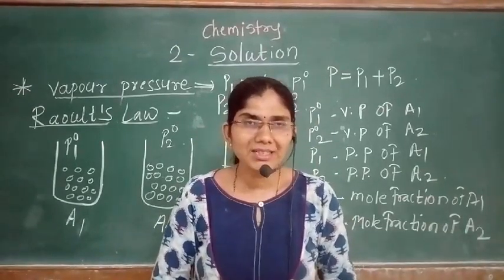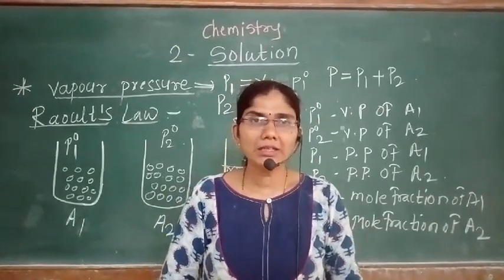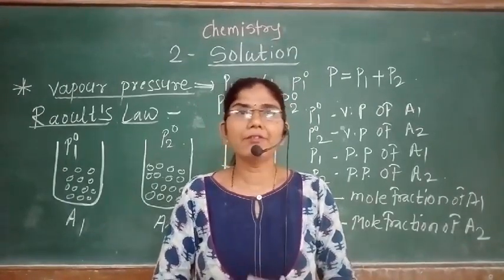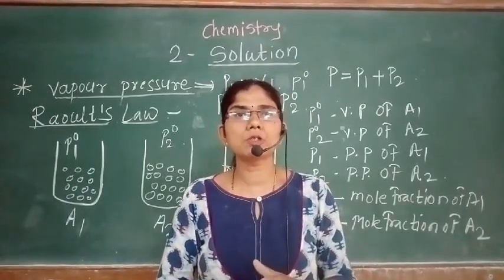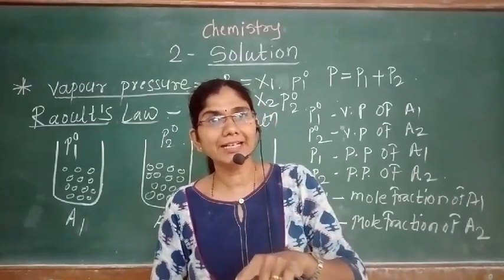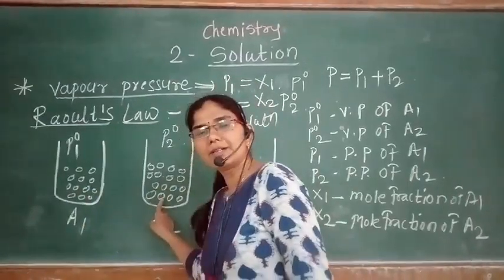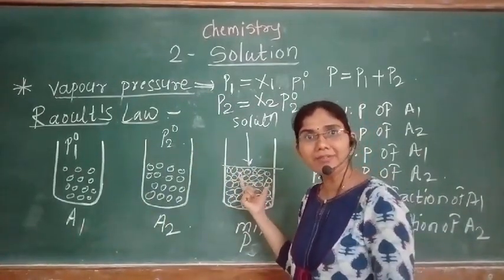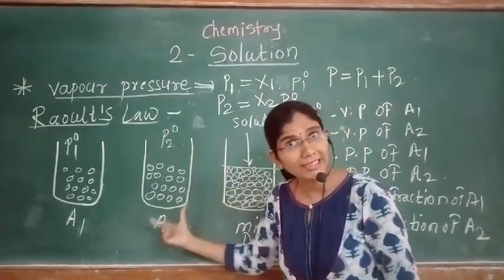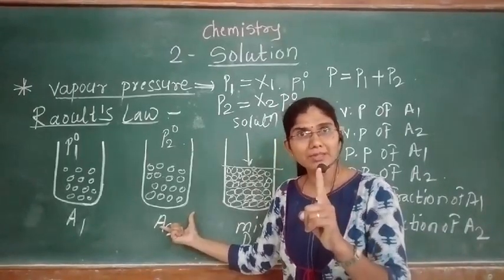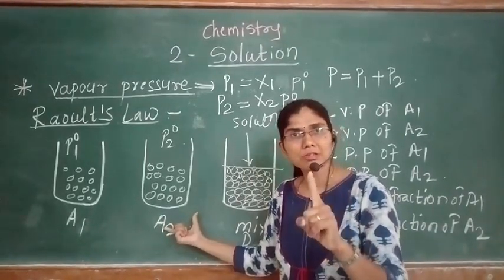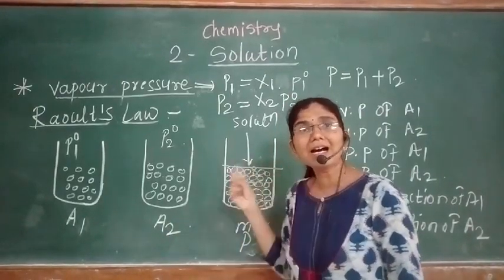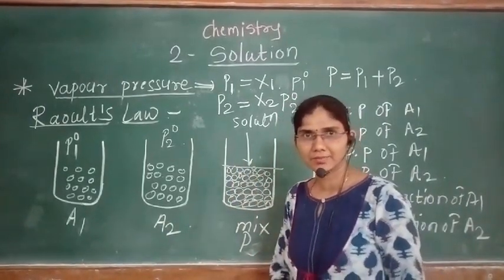So, dear student, in today's lecture we have learned what is meant by vapor pressure and the vapor pressure of solutions of liquid in liquid. That means these two are liquids, and when we make a solution of liquid in liquid, always remember that in Raoult's law both the components of the solution are volatile.